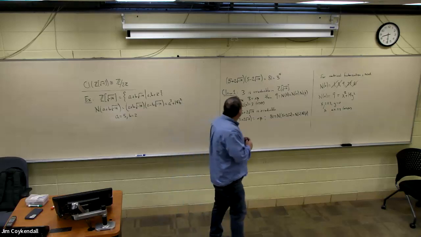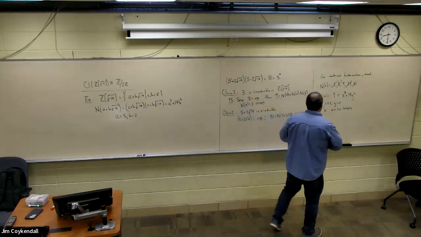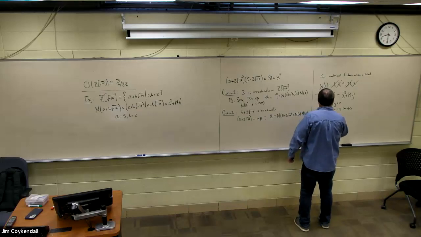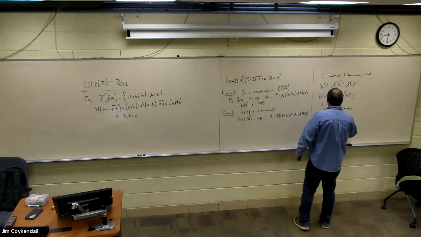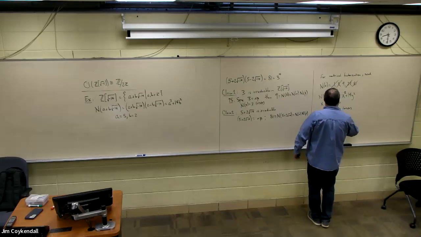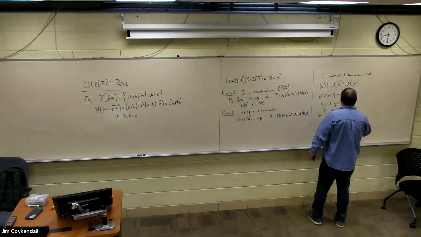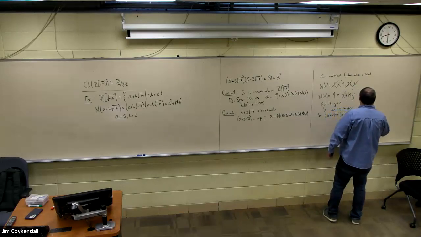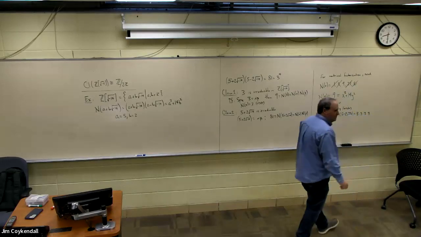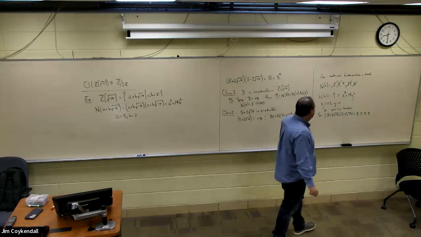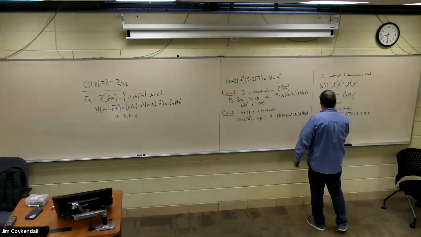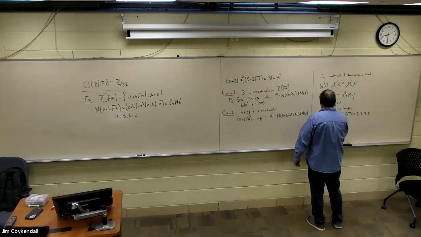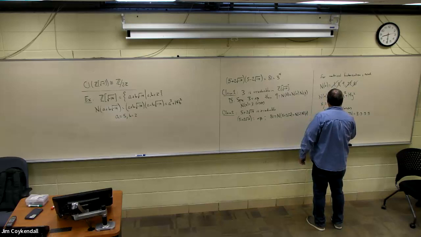So this is an honest to goodness irreducible factorization. So we have, let's say, two irreducible factorizations.